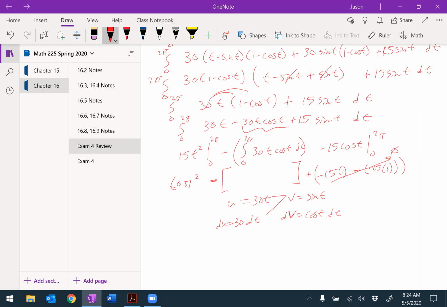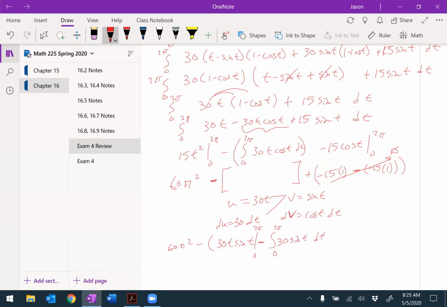And so we want uv minus the integral of v du. So this is going to be 60 pi squared minus 30t sine t minus the integral of 30 sine t dt. This guy is evaluated from 0 to 2 pi, and this guy is going from 0 to 2 pi.